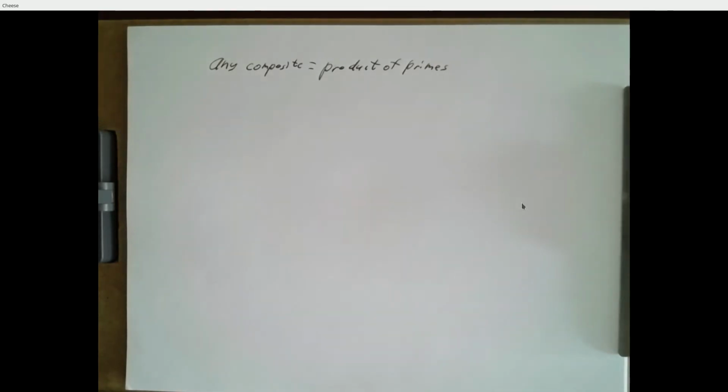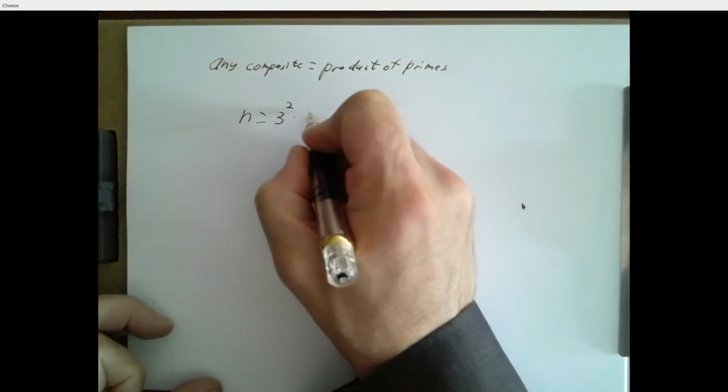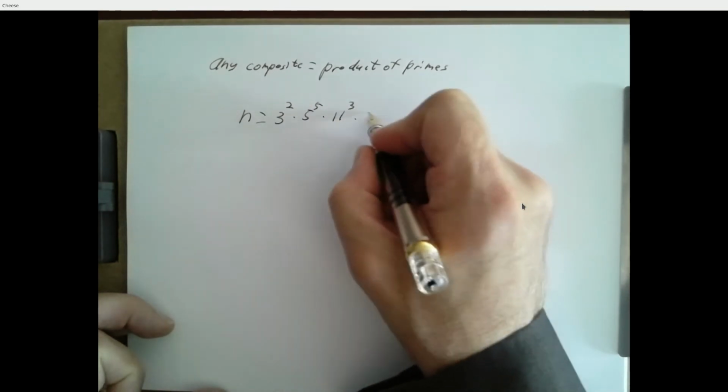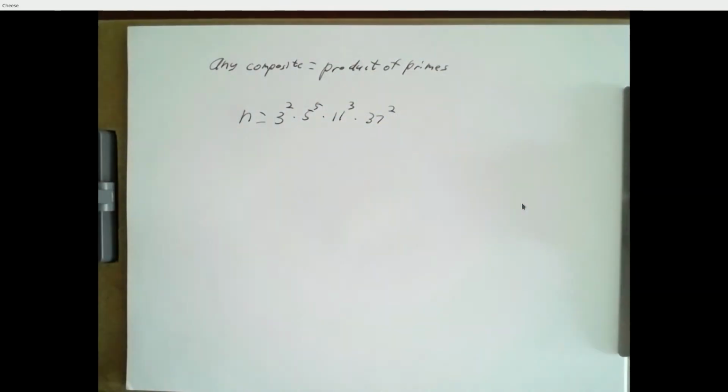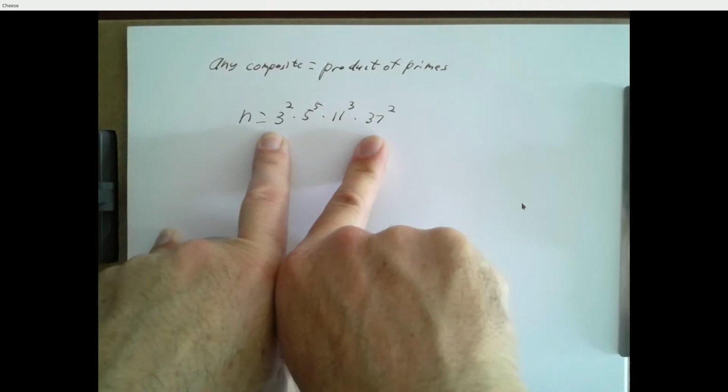And I don't know if you said it, but what's the extra detail here? It's unique. If we can write some number n as, say, 3 squared times 5 to the 5th times 11 to the 3rd times 37 squared, we're guaranteed that there's no other way to write it as a product of primes.